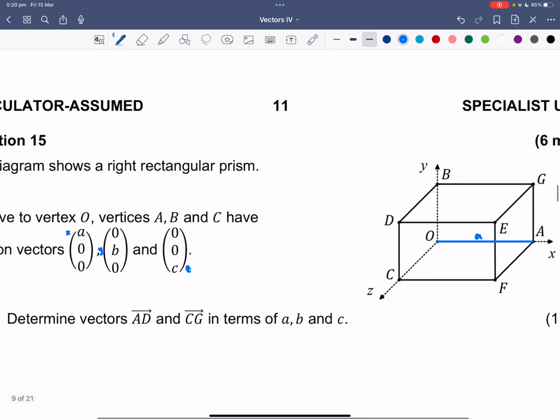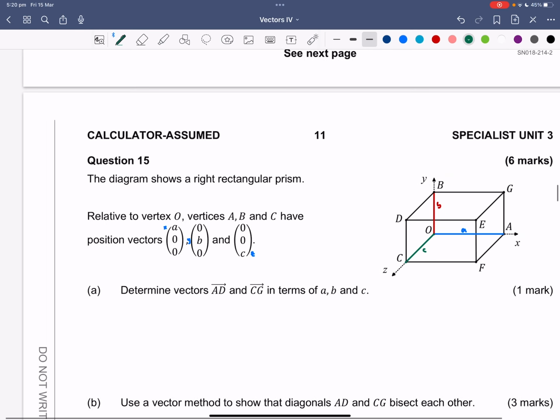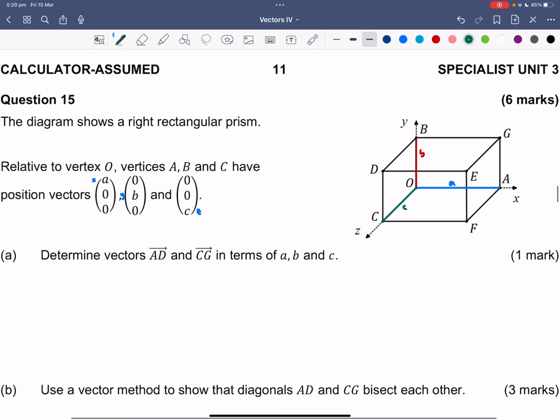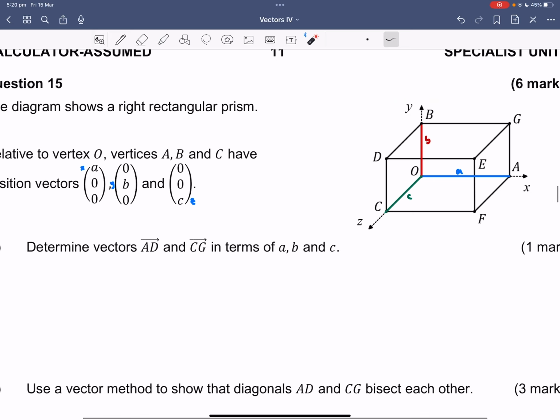This distance is b along the y-axis, and c is along the z-axis. Okay, fine. Determine the vectors AD. They want the vector AD. That's pretty straightforward, guys.